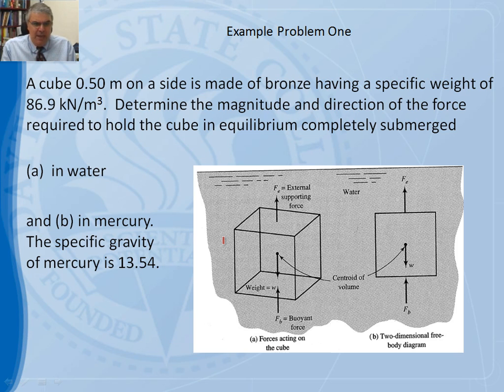Two cases: case A in water, case B in mercury with a given specific gravity of 13.54. One must realize here that for all of the problems involving buoyancy, we would draw the two-dimensional free body diagram as shown here on the right-hand side figure, and I just put a red check mark right next to it.